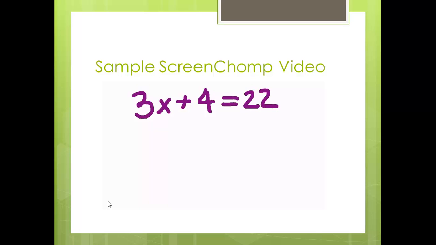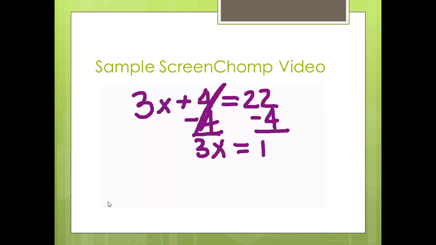Emailing them back might be difficult, but this way I can jump on ScreenChomp and quickly remind them that our addition and subtraction bonds are much weaker than multiplication and division, so I will use my inverse operations to subtract 4 from both sides to undo that positive 4. And now what I'm left with is 3x equal to 18.